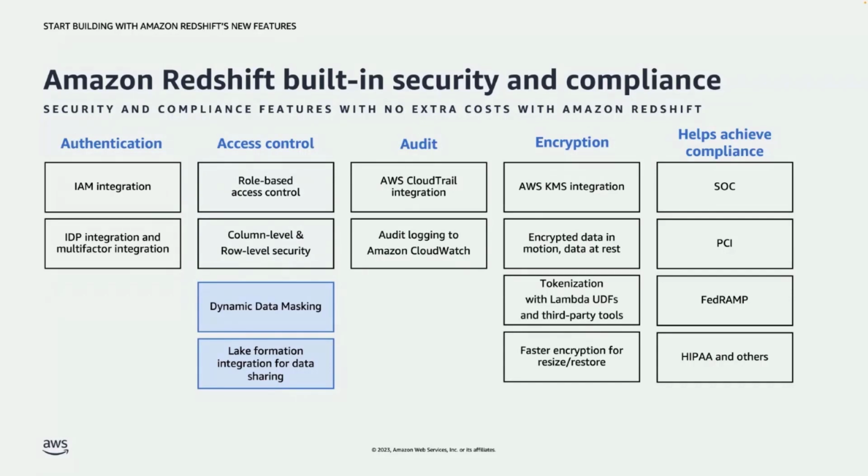Auditing of connection and user activity events is simply handled with the built-in integration with AWS CloudTrail. Your data is encrypted in motion and at rest. And finally, Redshift integrates with AWS compliance programs to help customers understand the robust controls in place at AWS to maintain security and compliance in the cloud.